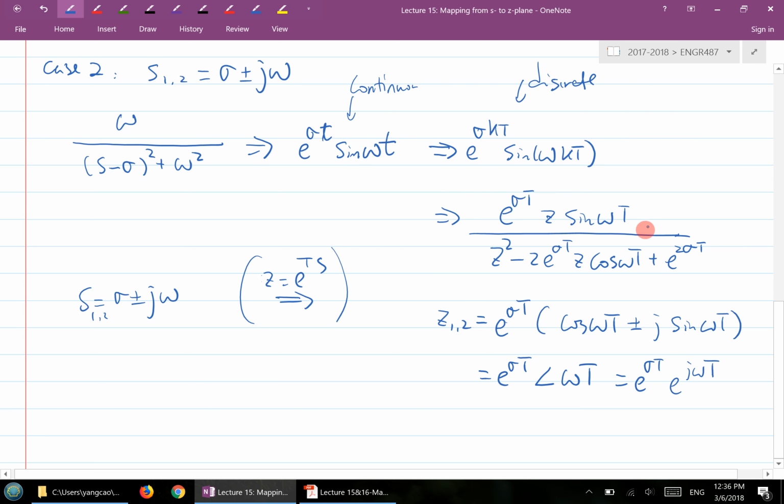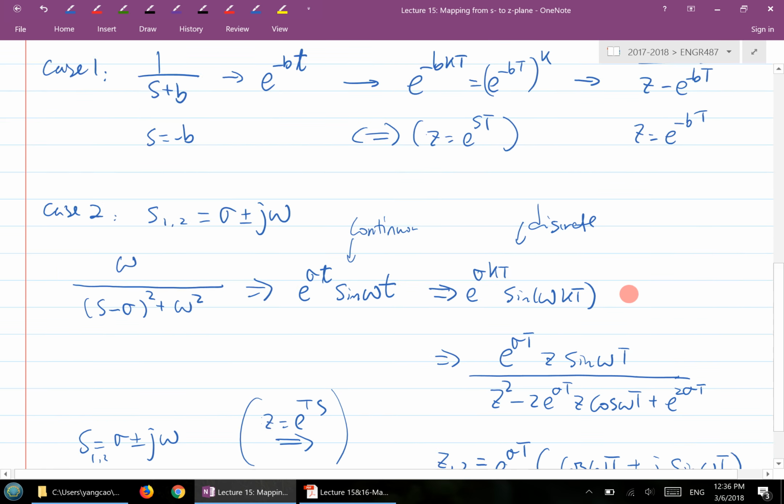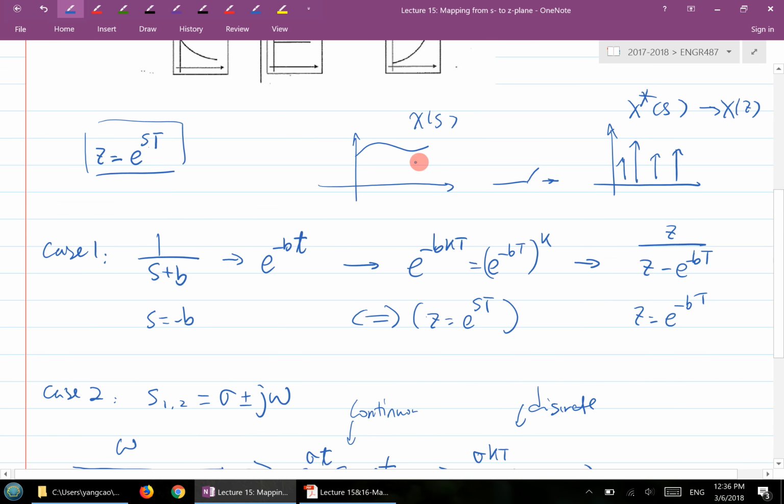You can verify it yourself. What I'm trying to illustrate here is the mapping of the poles from the S plane to the Z plane through this impulse sampling process. Whatever continuous signal you have, if you have an impulse sampler and you get the discrete signal, the shape of the discrete signal will probably maintain the input's shape.